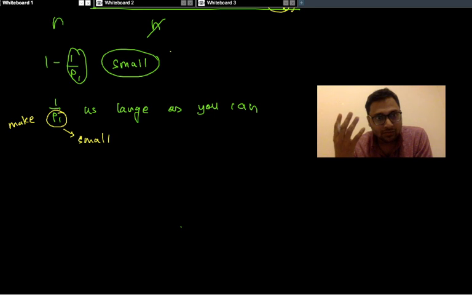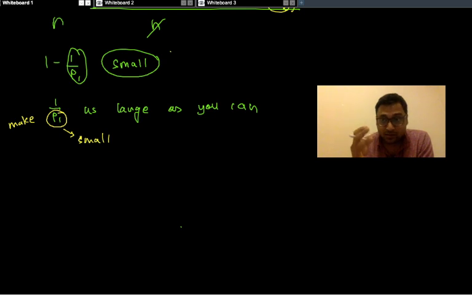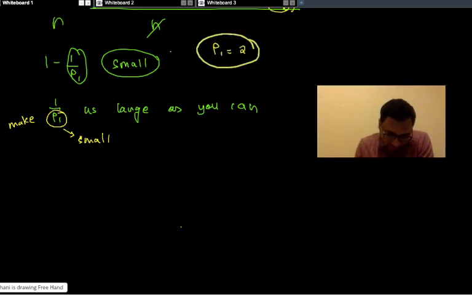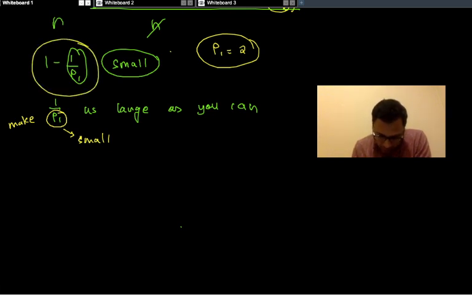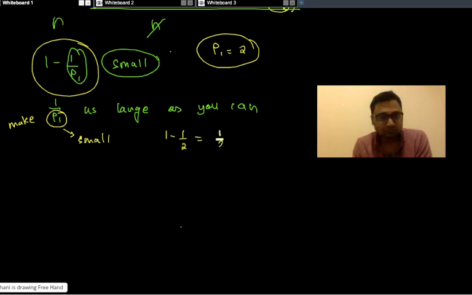Maybe we can use the smallest prime to make 1 minus 1 over p1 as small as we can. So definitely the smallest prime is p1 equal to 2, right? So 1 minus 1 over p1 is 1 minus 1 over 2, which is half itself.